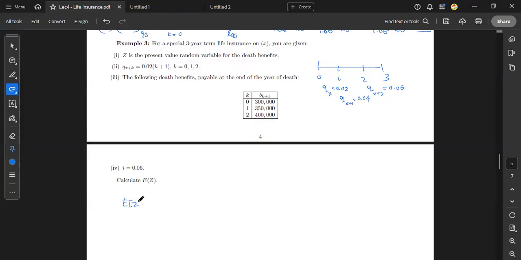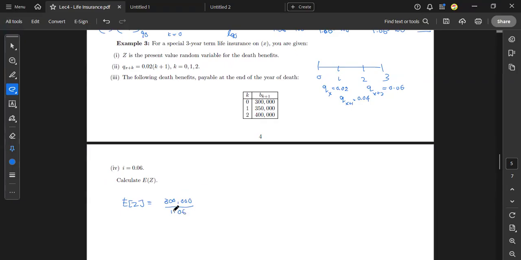So the expected present value of the benefit payment, or the actuarial present value of this insurance, is, if the death occurs in between 0 and 1, we expect 300,000. So that means the 300,000 is paid at the end of year 1 if the death occurs there. So we have to take it back to 0.